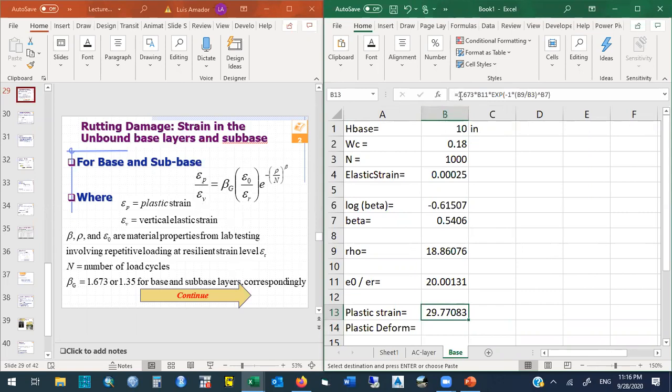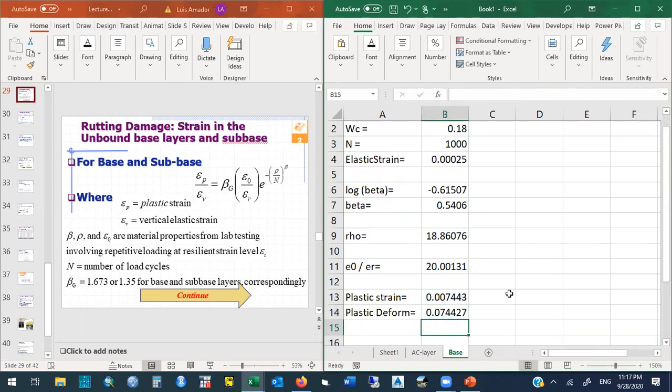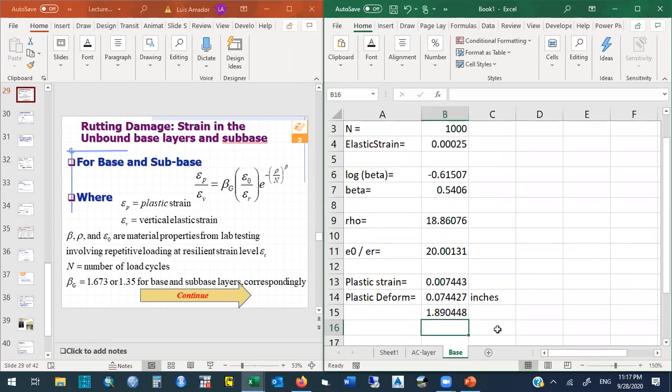So I need to multiply it by the elastic strain. There. And now this plastic strain by the thickness will give me the deformation, and this is in inches. And if I want this in millimeters, this is millimeters.